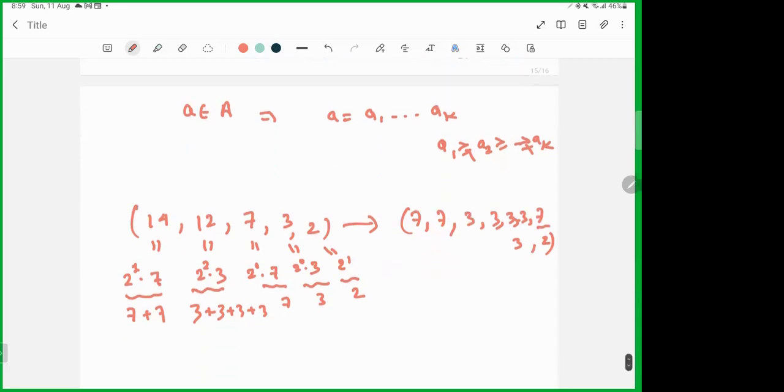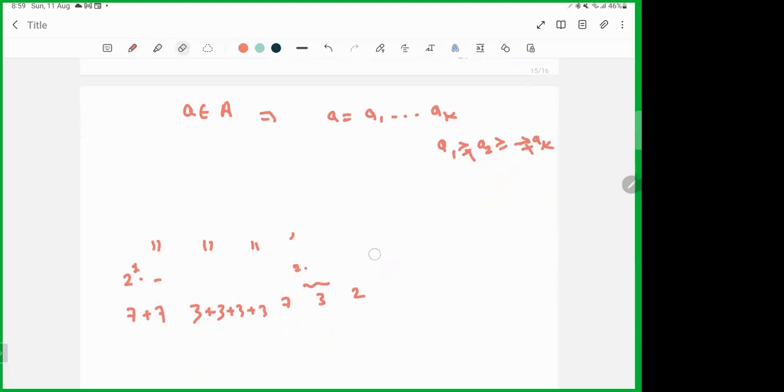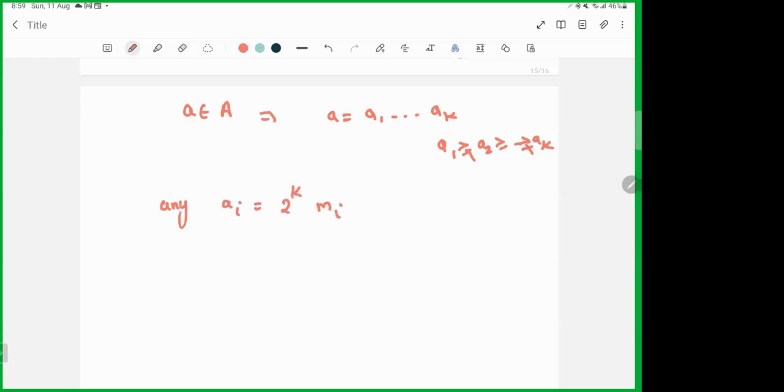This is intuition. Make it precise. How will you say it precisely? Use the prime decomposition theorem. Any ai can be written in the form of what? Some power of 2 times an odd number, because the only even prime is 2.